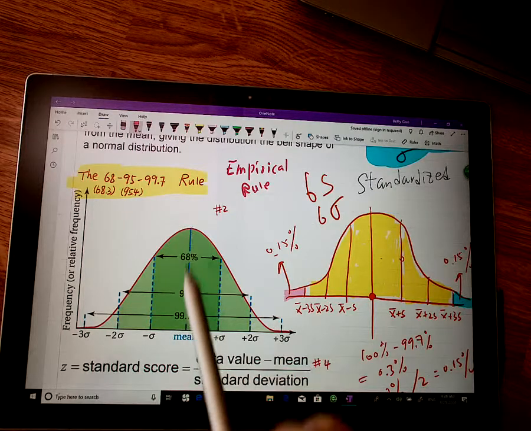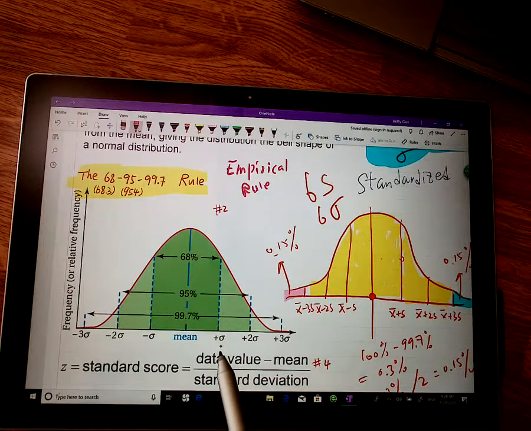This is the mean, right? The peak. Sigma here. Do you guys remember those notations? X bar, mu, sigma, S. X bar, sample mean; mu, population mean; S, sample standard deviation; sigma, population standard deviation.